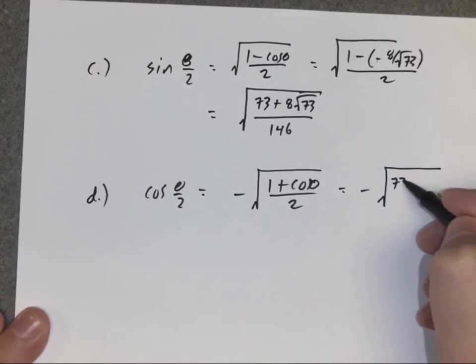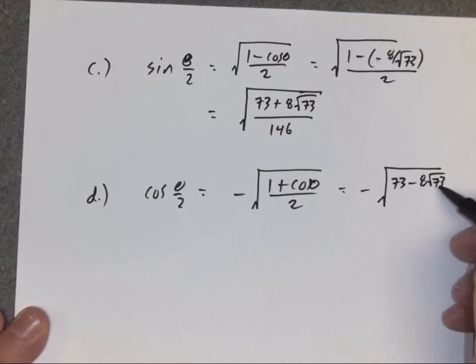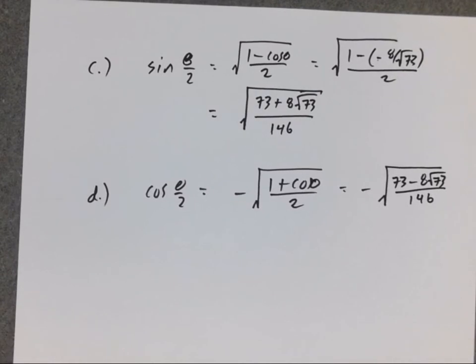You'd have 73 minus 8 square root of 73 over 146. All right, sorry about that. I hope you understand this now. And actually, this is a good example of how this stuff can be sort of tricky. So my apologies. I guess I did 43 problems. This may have been the first one I made a bad mistake on. I can't remember.